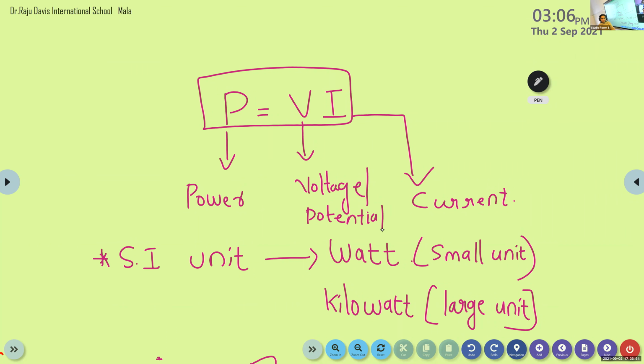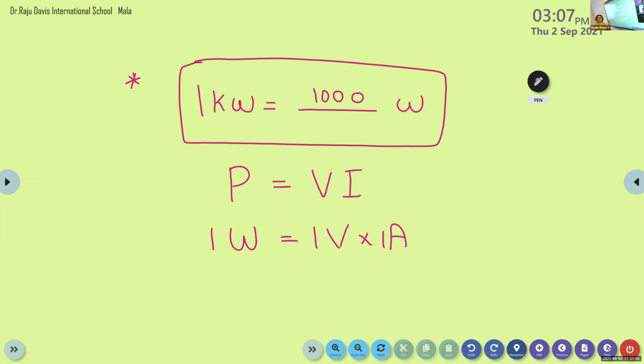So in actual practice we describe it in terms of a large unit, kilowatt. The relation between watt and kilowatt is 1 kilowatt is equal to 1000 watt. Then 1 watt is equal to 1 volt into 1 ampere.